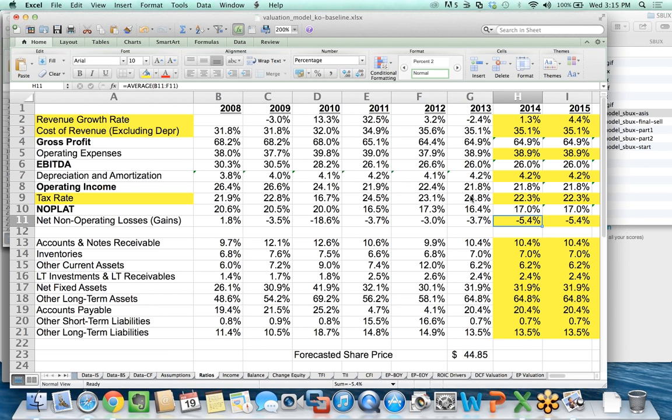And the final number I have to look at is non-operating gains and losses. Again, I'm looking at any outliers here. The reason I'm jumping to this is that 2010 appears to be an outlier number. And I don't think 5.4% is realistic for them on an ongoing basis. So I think somewhere probably in the 3% range.